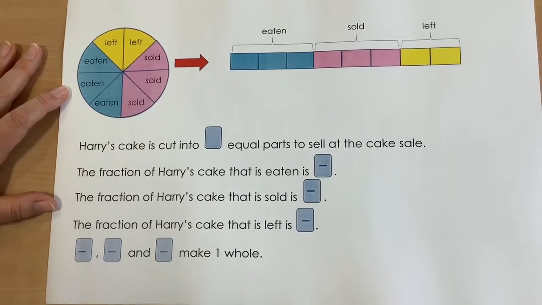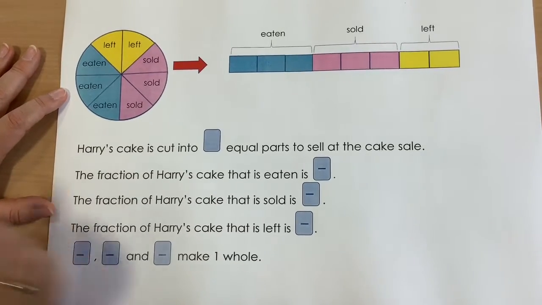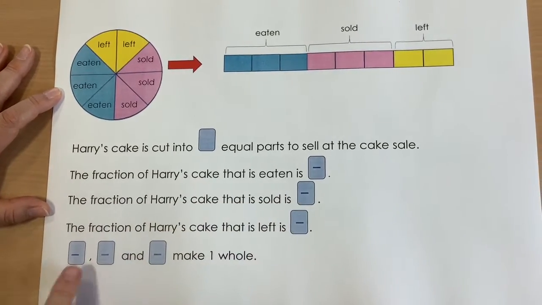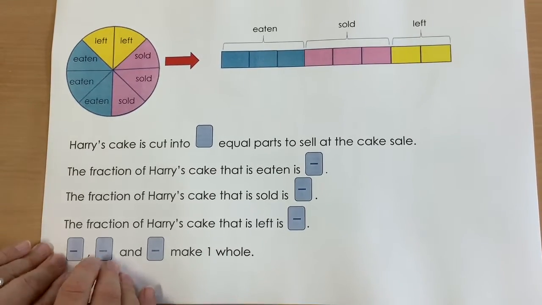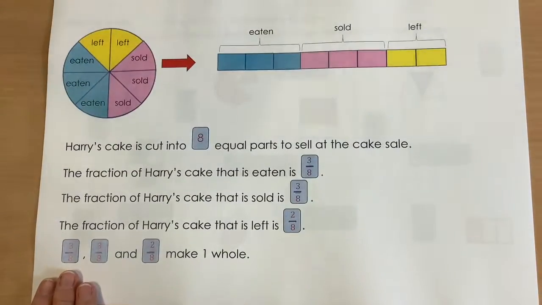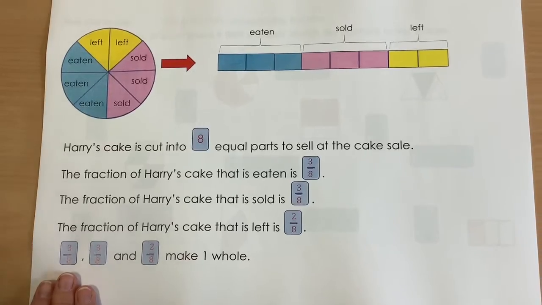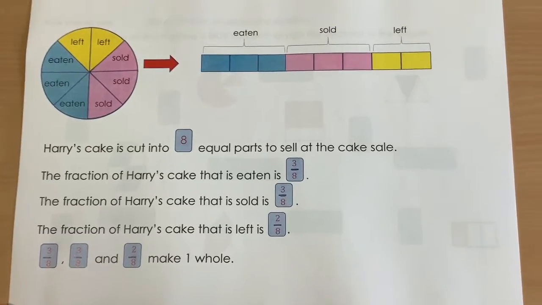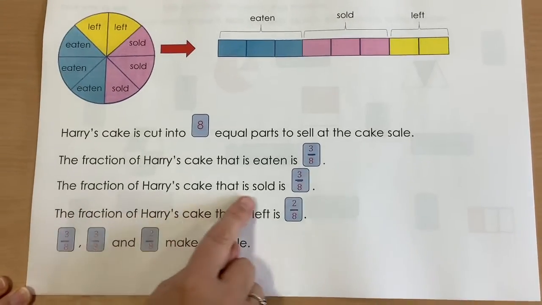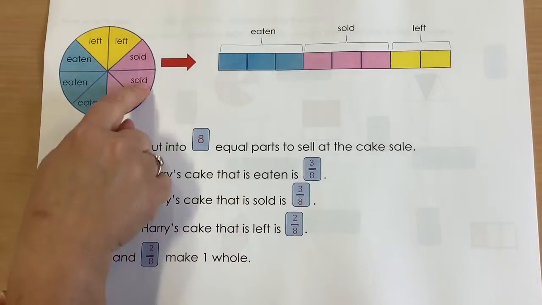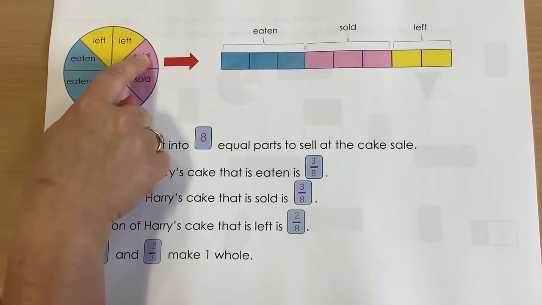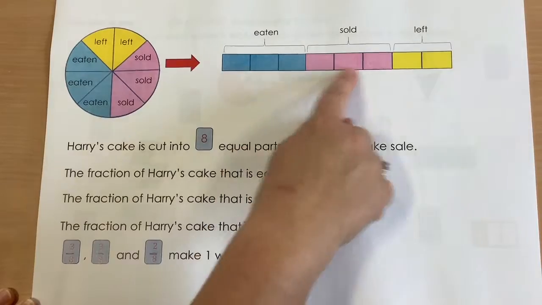So carry on with the rest of that problem, pause the video and work out the rest of the answers and fill this sentence in, please. Hopefully you will have worked out that the fraction of Harry's cake that is sold is 3/8, because we have 3 parts out of 8 and the same on the model.